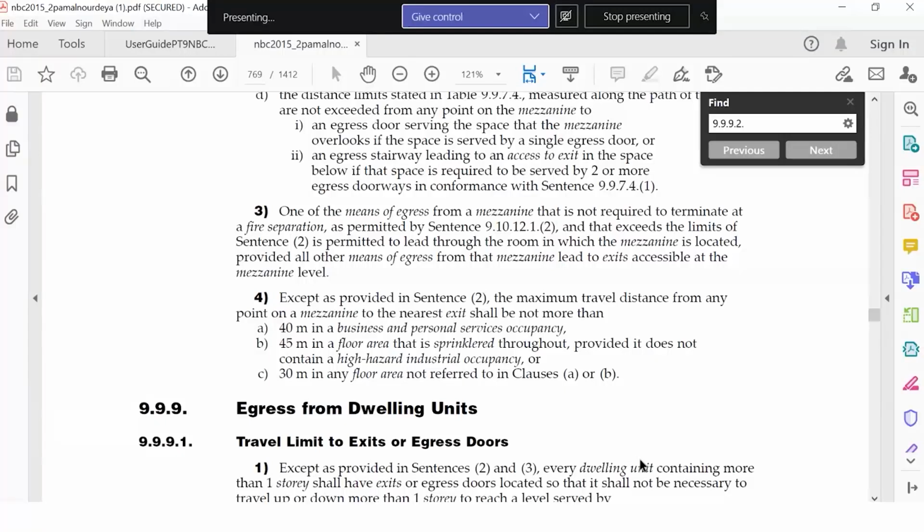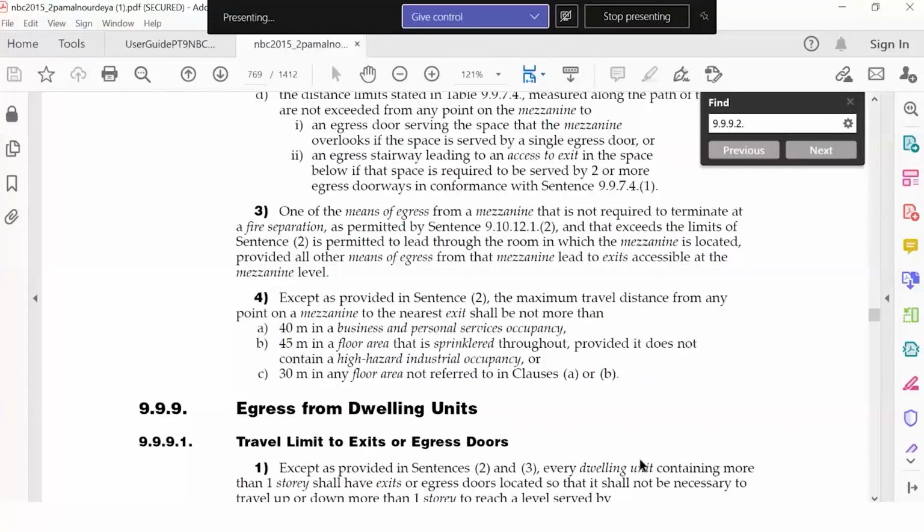Yeah, the question that I have is calculating the distance. Is it from the door to the exit or from the furthest point of the certain space? The furthest point of the space to the exit.